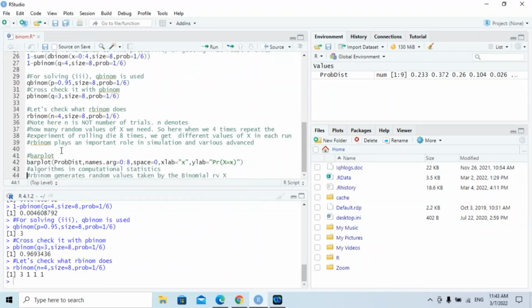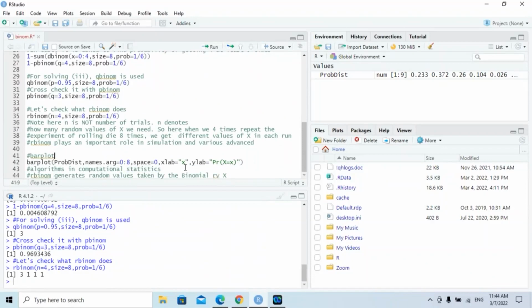And lastly, I'll just show you the bar plot for binomial distribution. So you already know how we can plot the bar plot. So bar plot for the probability distribution. So I have given the vector name probability distribution and names that x would be ranging from 0 to 8.